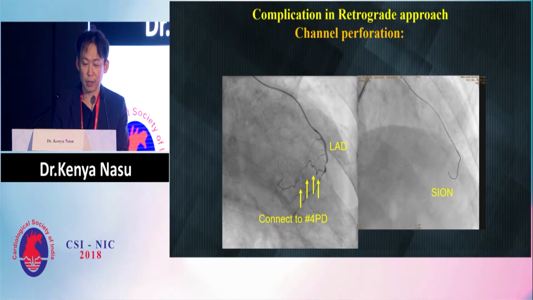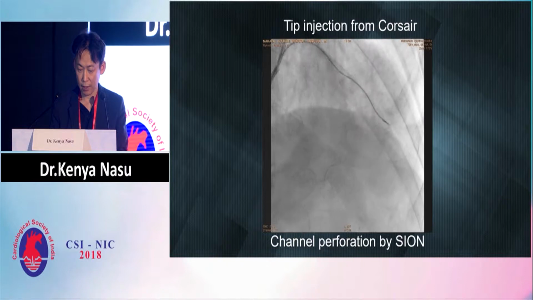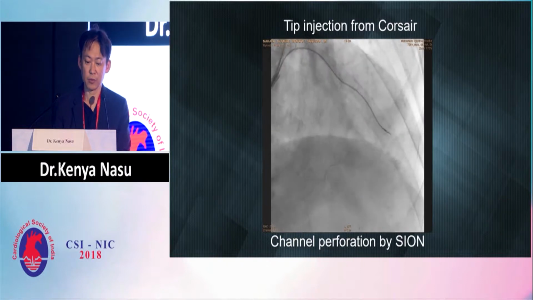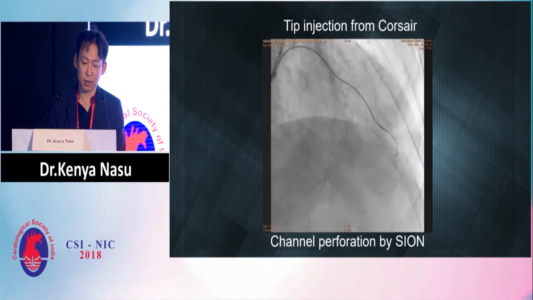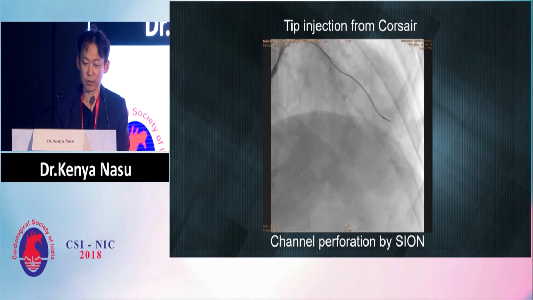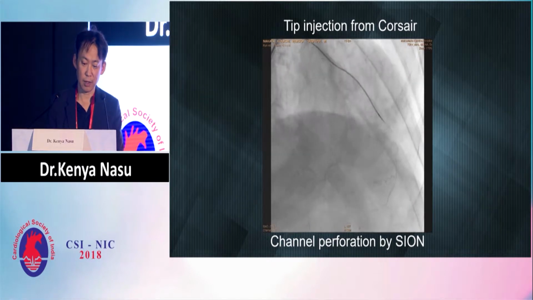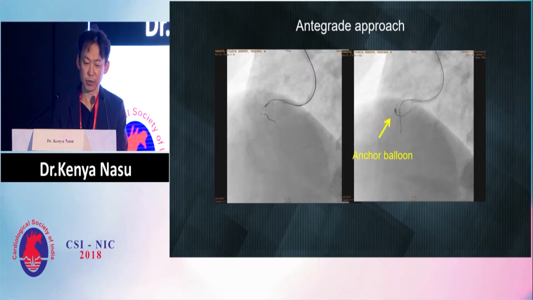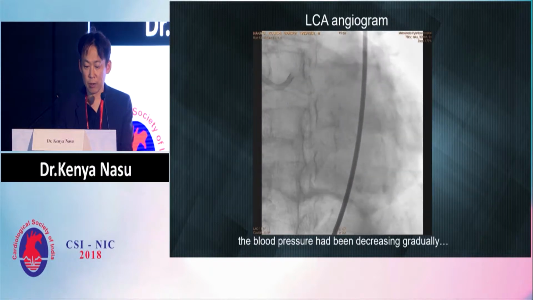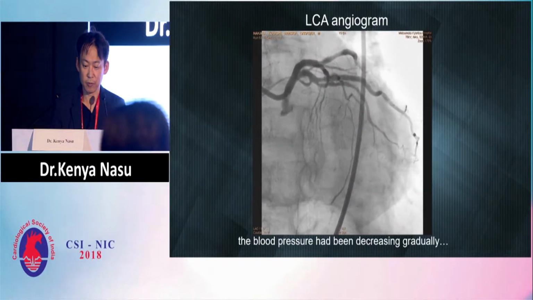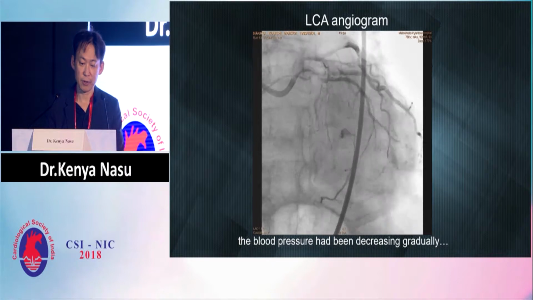The other case is also a retrograde case. You can see some bending channel from the distal LAD to the PD. Unfortunately, the wire made a perforation like this, but since it was a very small perforation, we left it and went back to the antegrade approach. But during the antegrade approach, the patient's pressure gradually decreased.